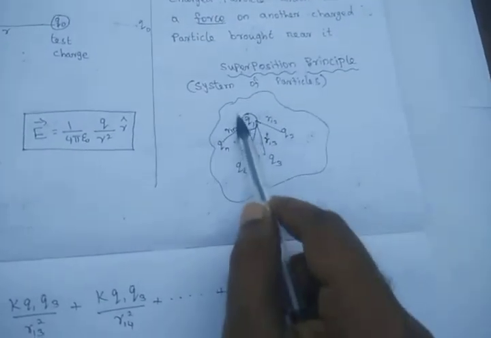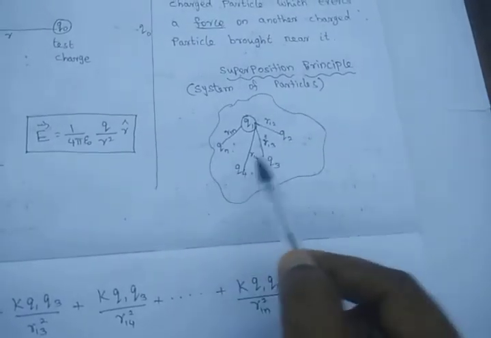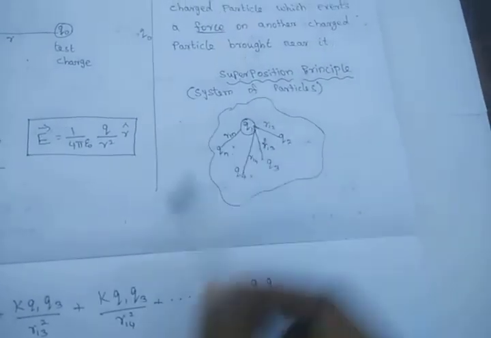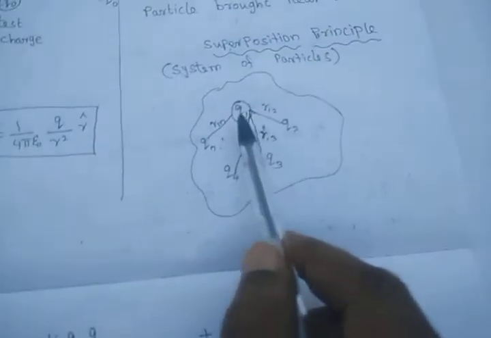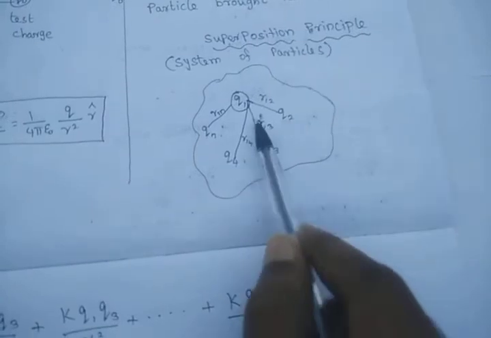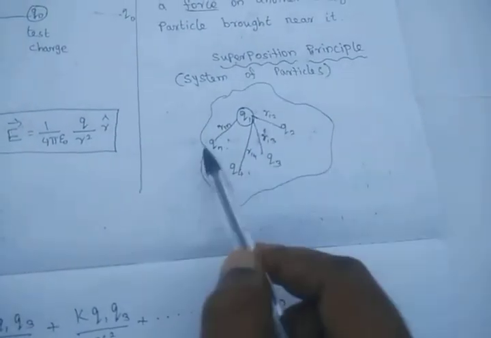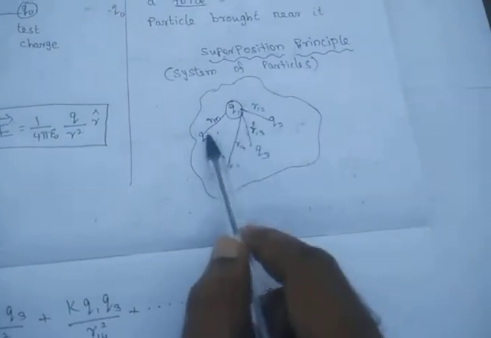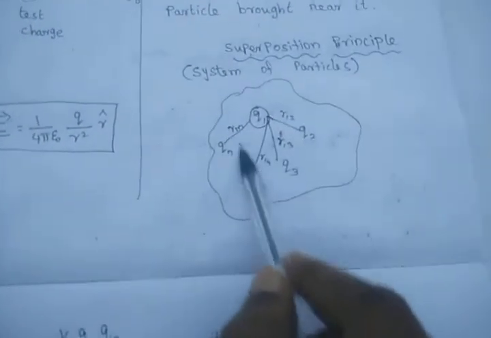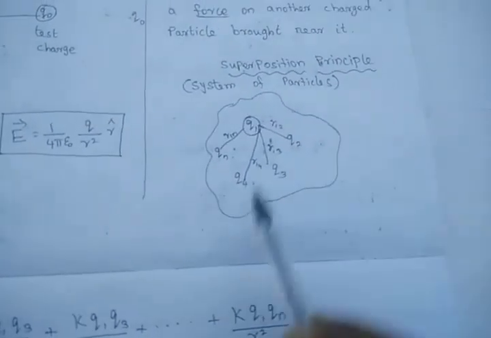That is, what is the force exerted by q2, q3, q4 up to qn on q1 charge. The distance between q1 and q2 is r12, for q3 it is r13, and r14 for q4. For the nth charge you put r1n. Qn means you can put 100 or 1000 or 10,000 number of charges.